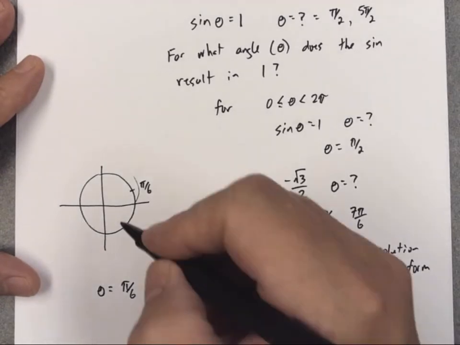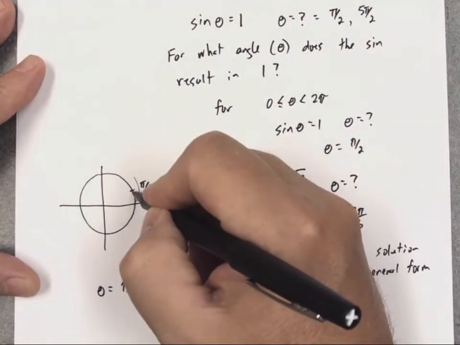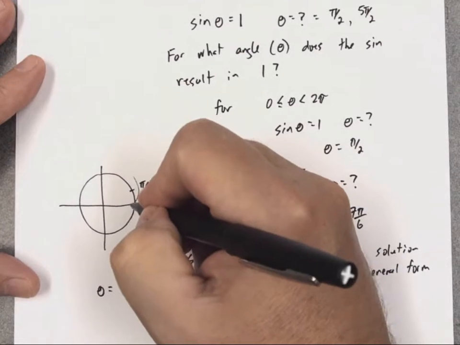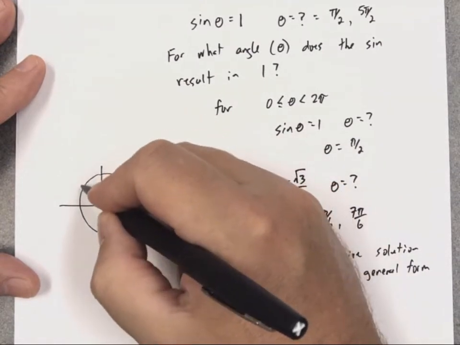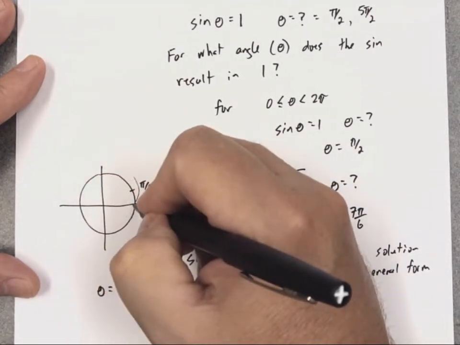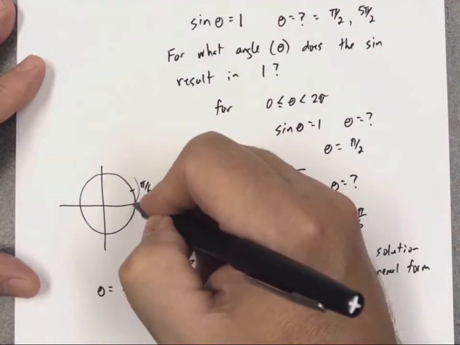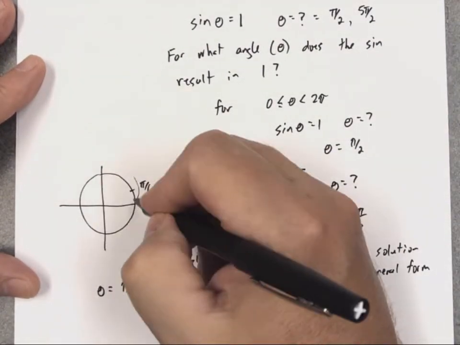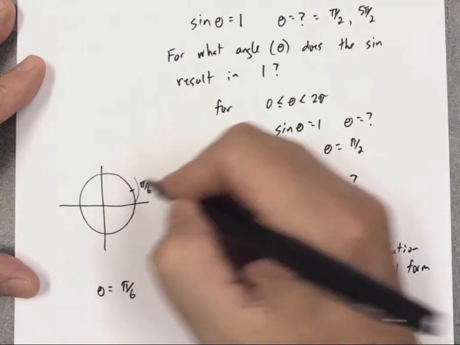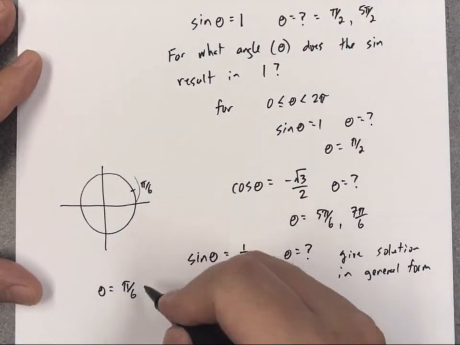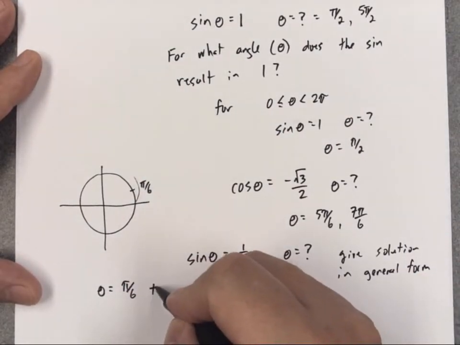If you think about it, we got pi over 6, and then for the next one, we go all the way around 2 pi, and then we go pi over 6. And then for the next one, we go all the way around twice, and then go pi over 6. Well, here's how we could express that.